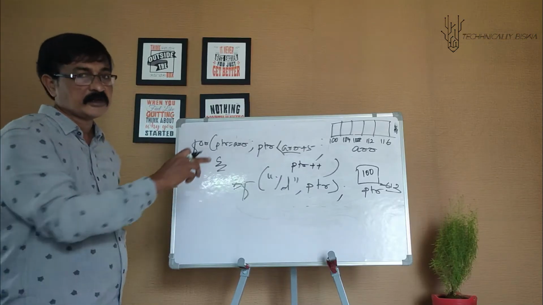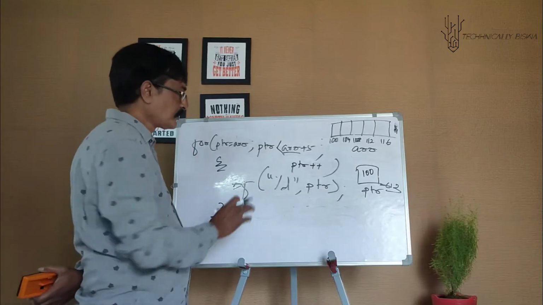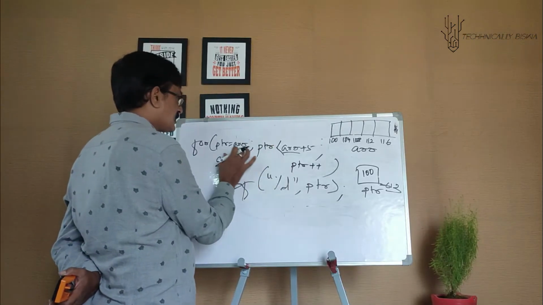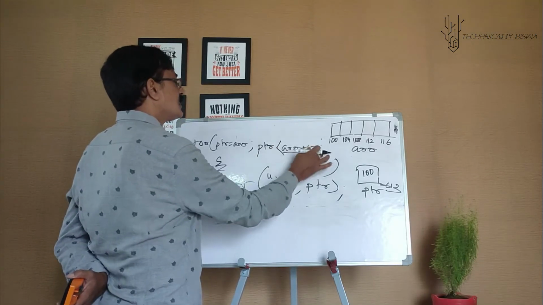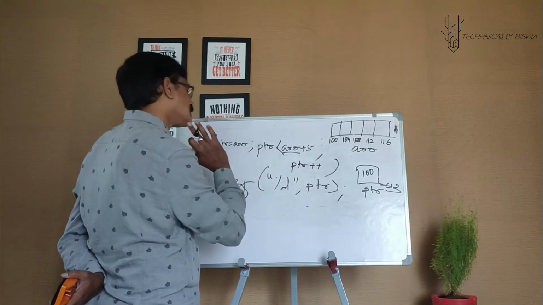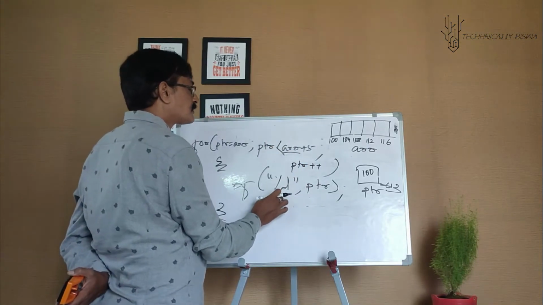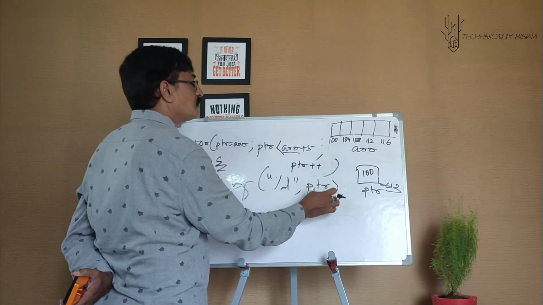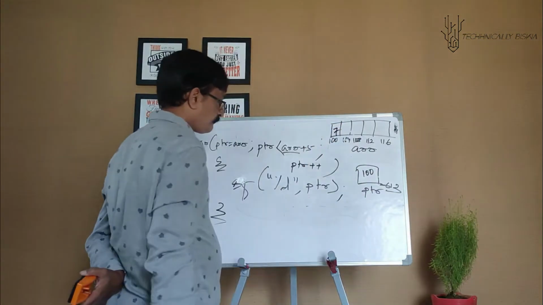Got it? Clear with this? So what am I doing? Accepting values into the array one by one. First time ptr has an address that is 100. The checking is ptr less than ARR plus 5, which was coming to 120 if you remember. So first time scanf percentage d comma ptr will get a value at location 100, assuming I put a value 7 here.